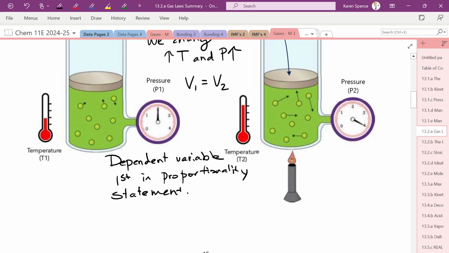So we would have P, just P, is proportional to T.